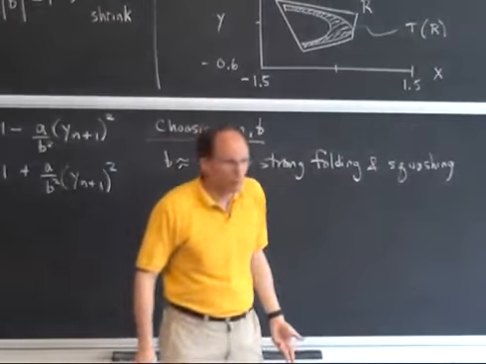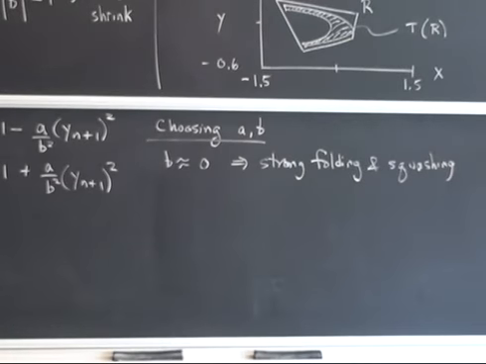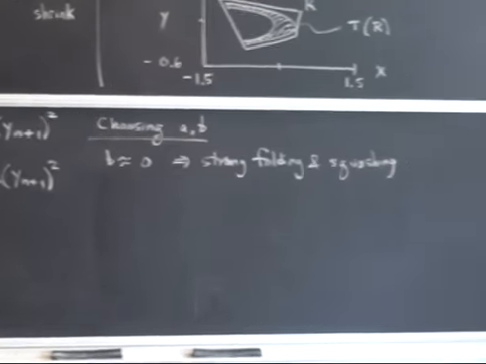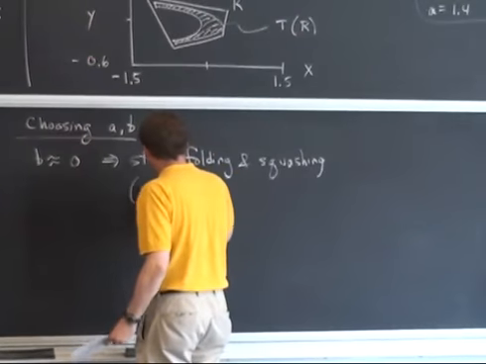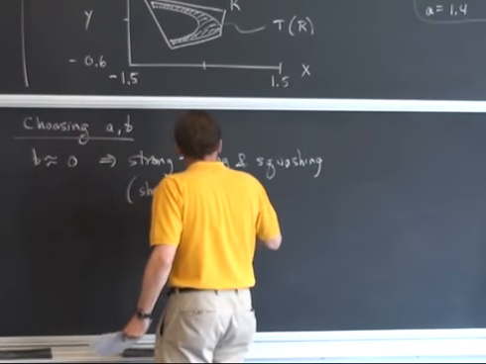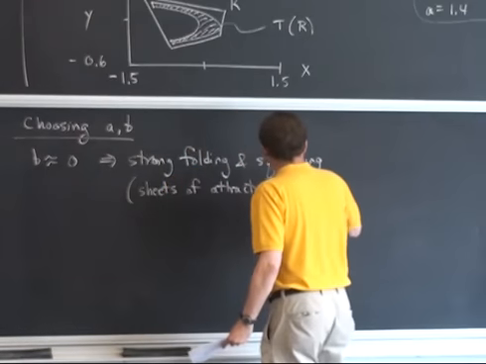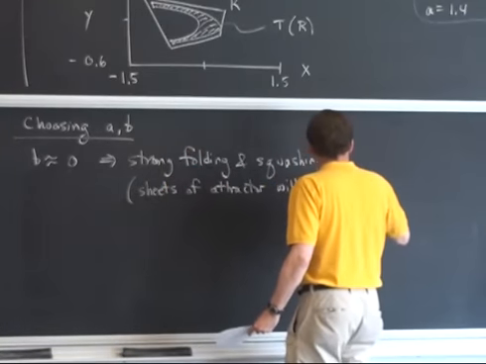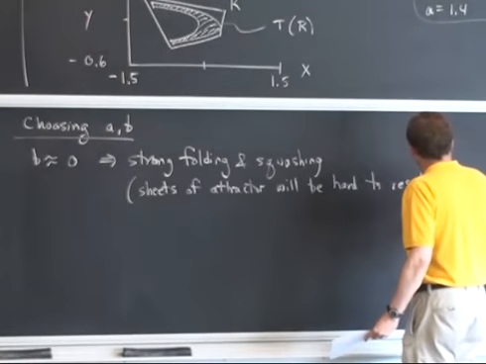So if you squash them too much, you're back to having the problem that Lorenz had. Everything is packed too close together and it'll be hard to see. So the sheets of the attractor will be hard to resolve. So you don't want to overdo it.